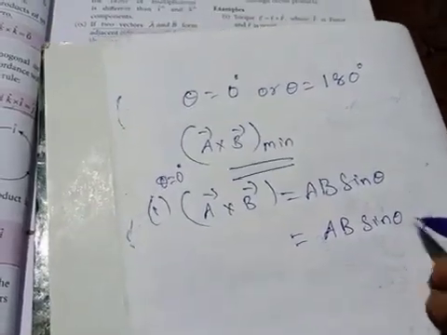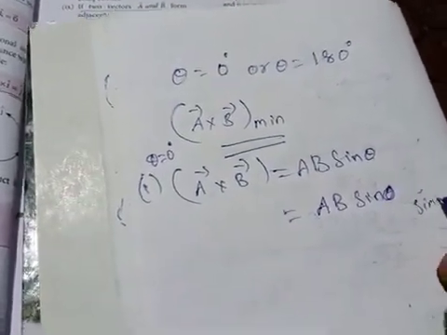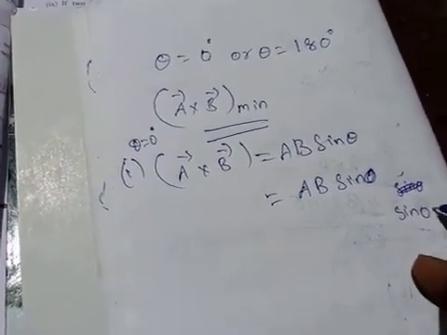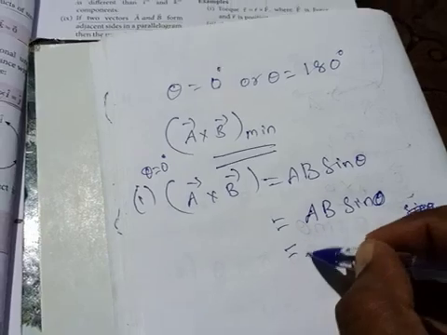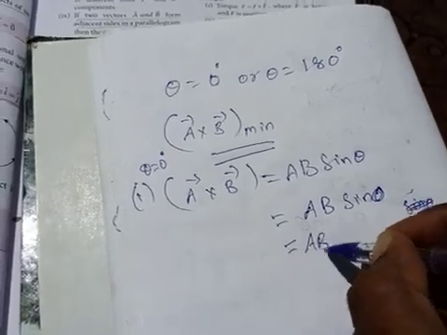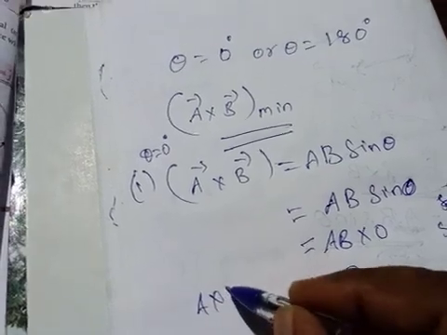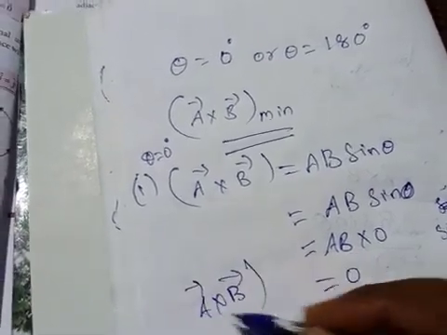We know that sin 0 is equal to 0, so AB into 0 is equal to 0. So A cross B will be minimum.